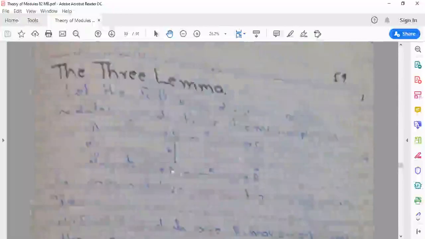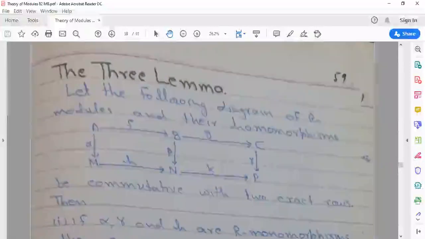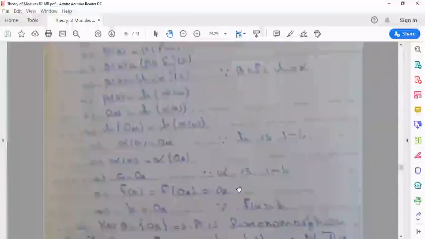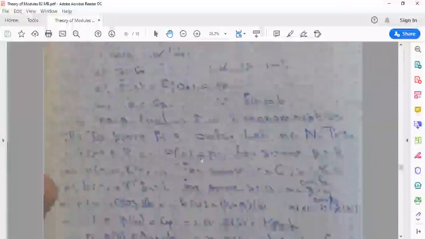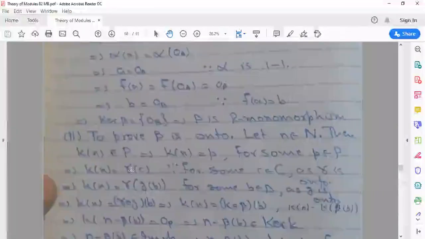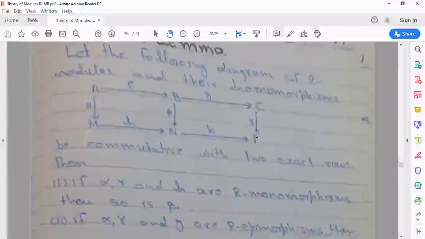When we take element n belonging to N and assign it to function k, it should belong to capital P, and this is equal to small p belonging to capital P. After this, p equals gamma of c, because the function gamma is defined from C to P. We take an element from here, assign it to this function, and the result will be here.